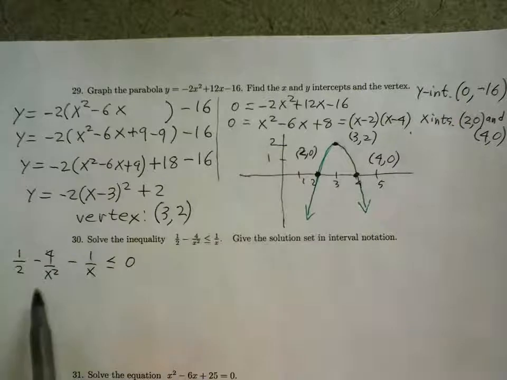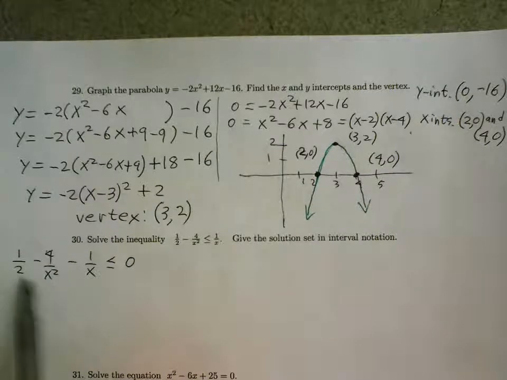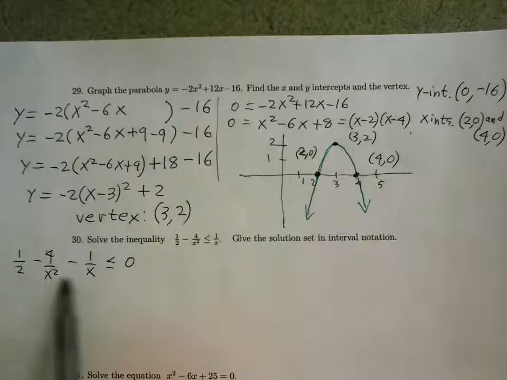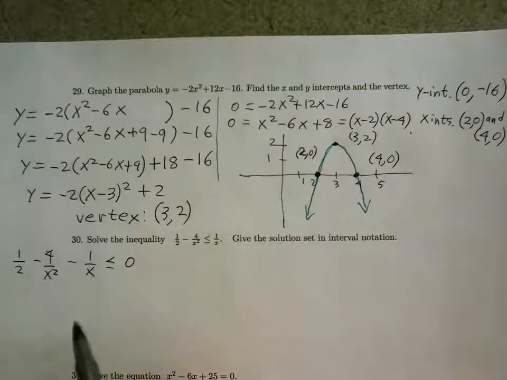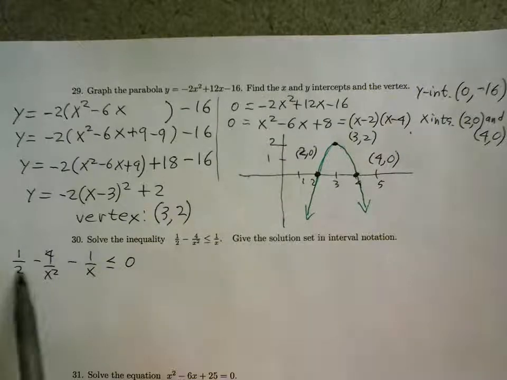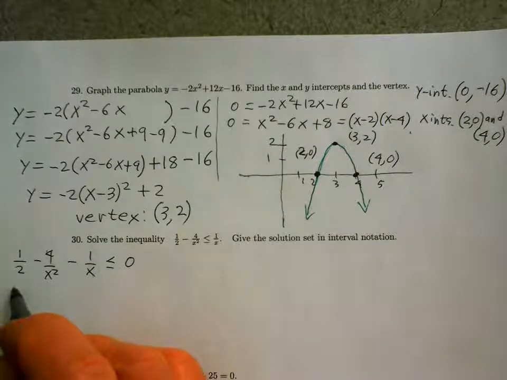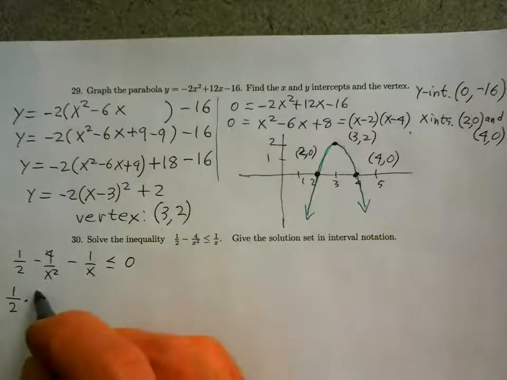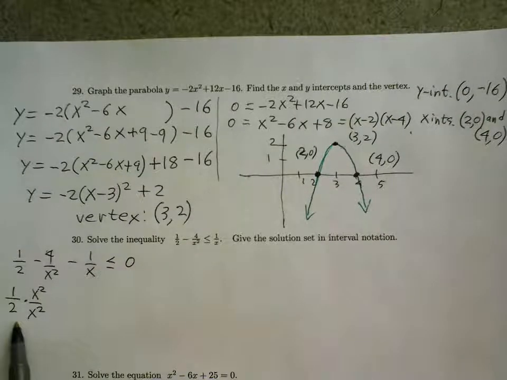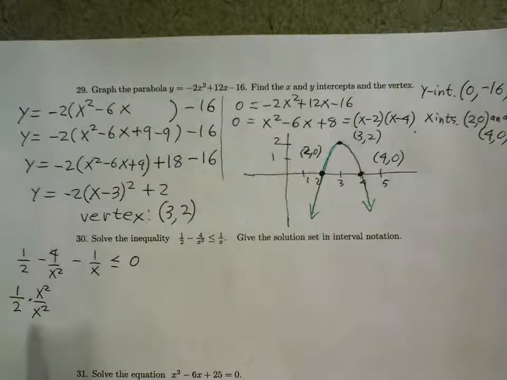And then we want to write the left-hand side as a single rational expression with a common denominator. So the least common denominator is 2x squared. So if we multiply 1/2 by 1 in the form x squared over x squared, we'll have the common denominator 2x squared.